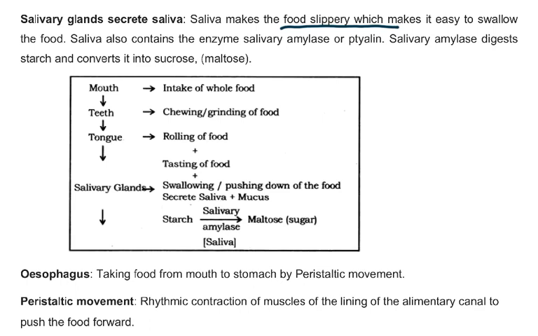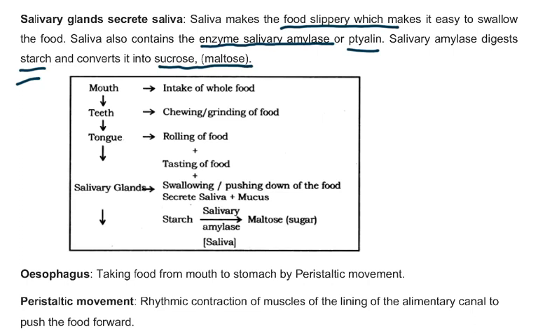But it also contains a very important enzyme, that is salivary amylase or ptyalin. This enzyme digests or converts whatever starch we eat into sucrose or maltose. These are nothing but small molecules which contain two or three molecules of glucose or other types of sugar. So these are the major functions.